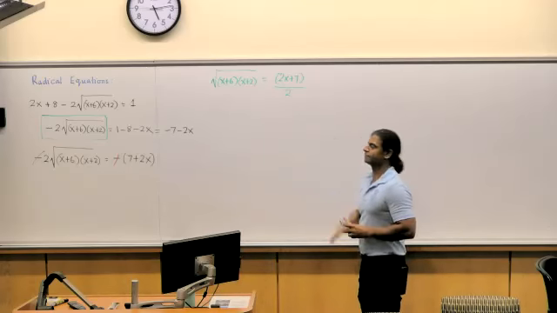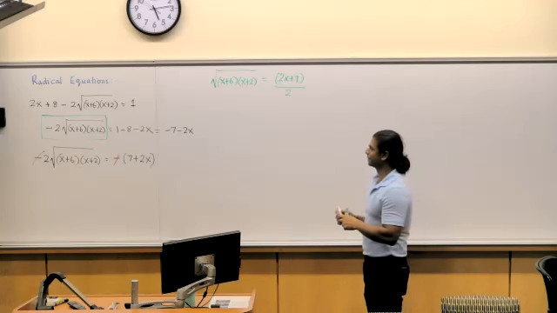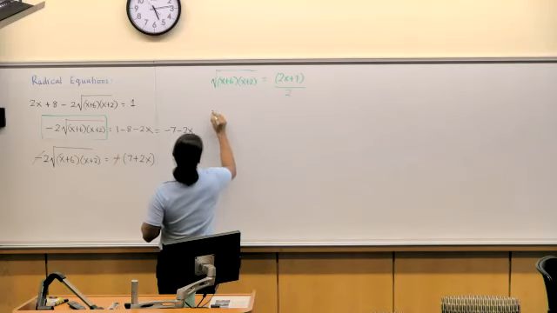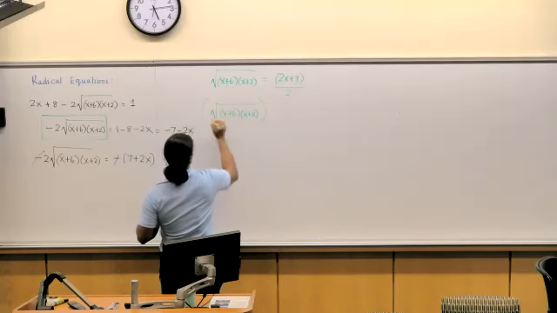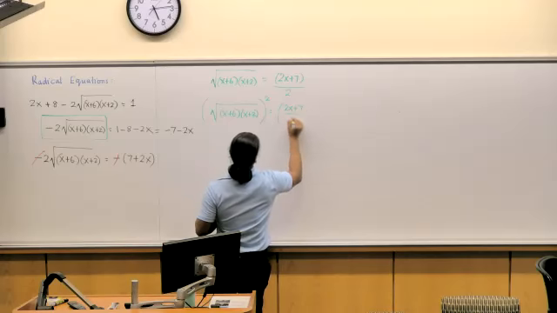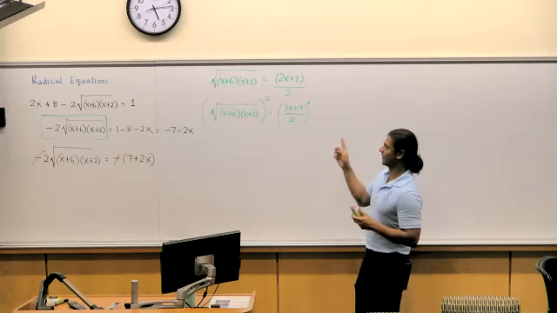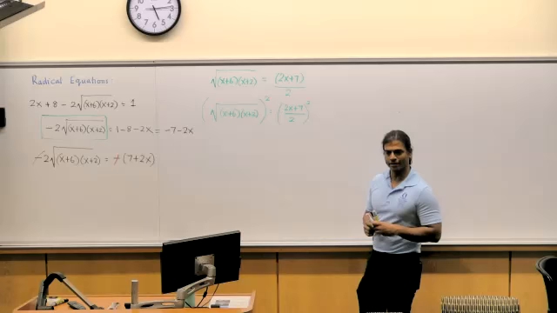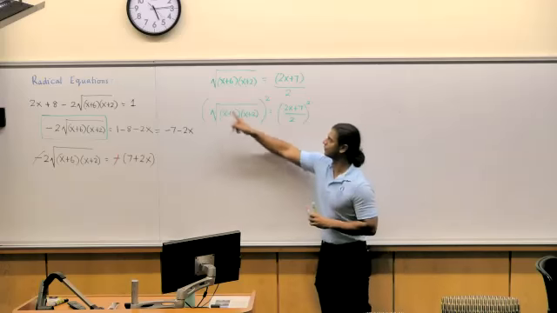Good. Square on both sides, you can get rid of the radical. So square root of x plus 6 times x plus 2, squared, would equal 2x plus 7 over 2, squared. Yes. What would happen to the root and the square?